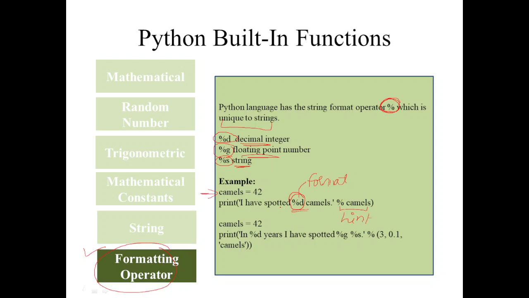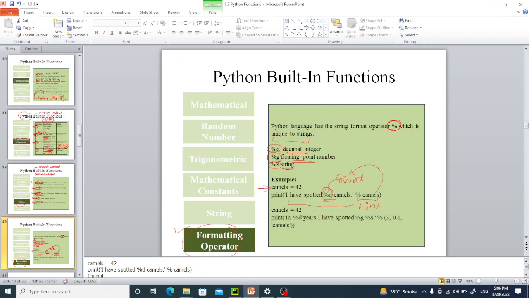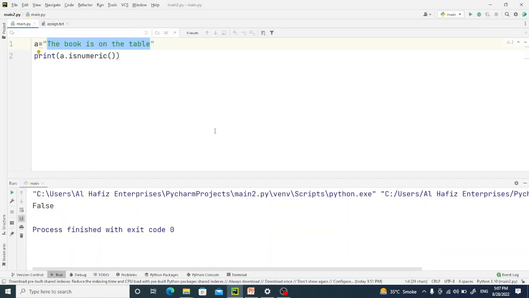So when I execute this program, it will pick the value from camels in this format, and it will show 42. Let me check it again so you can see the result easily. I am going to copy these two lines and execute them in my Python software.